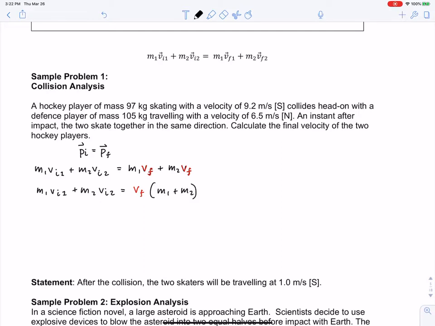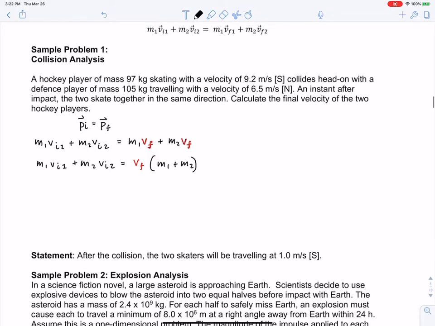Notice how tedious it is to make sure you're denoting the initial and final momentum components as the first object, the second object, and the initial and the final. Please be careful. That is often a source of error when doing these calculations. Solving for final velocity, we rearrange.